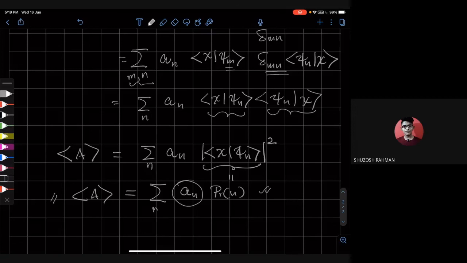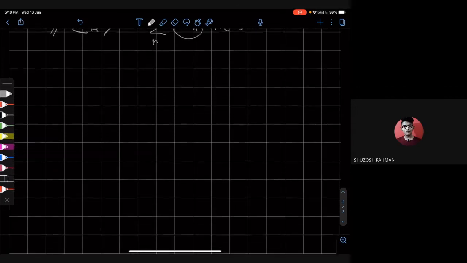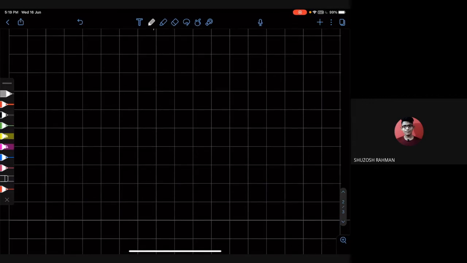All right, so let me review, or let me pick up where we left off last time. Last time, we said that if I have a Hermitian operator, say A, I can do a decomposition of this operator in terms of its projection operators, weighted by the eigenvalues.